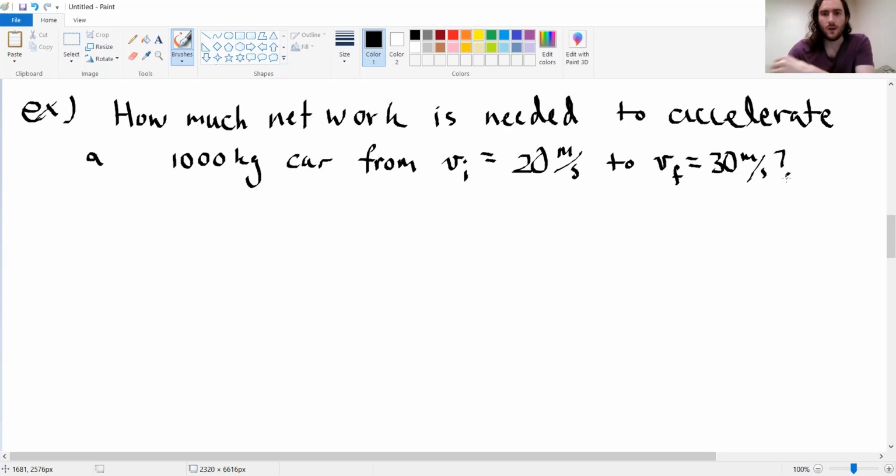We're going to assume a constant acceleration, which means we get to assume a constant force as well, right? So assume a constant acceleration, assume a constant force.